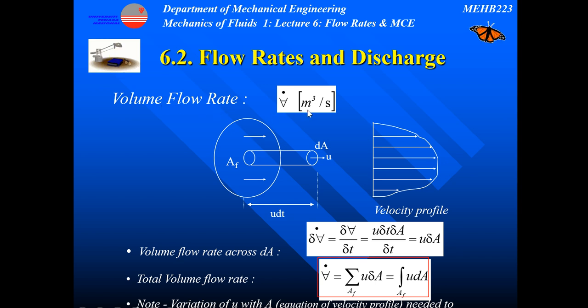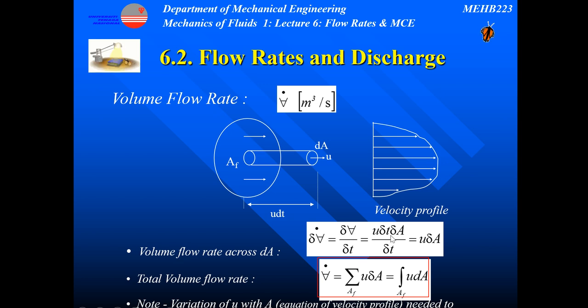That's why you get meter cube per second. By definition, volume flow rate is the volume of the fluid that is passing through a given cross-sectional area per unit time.